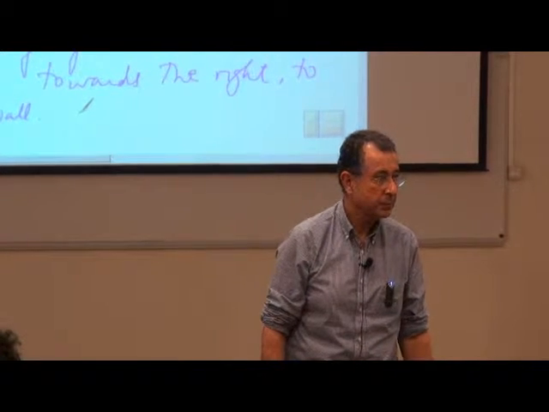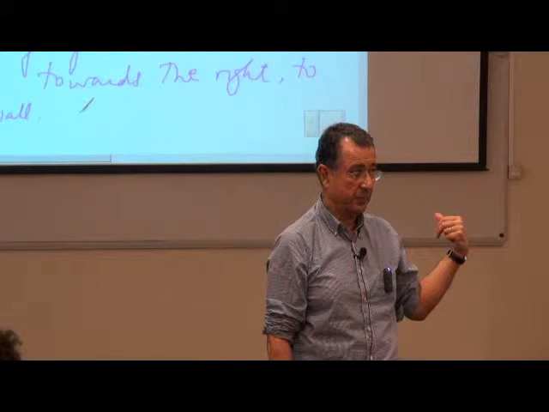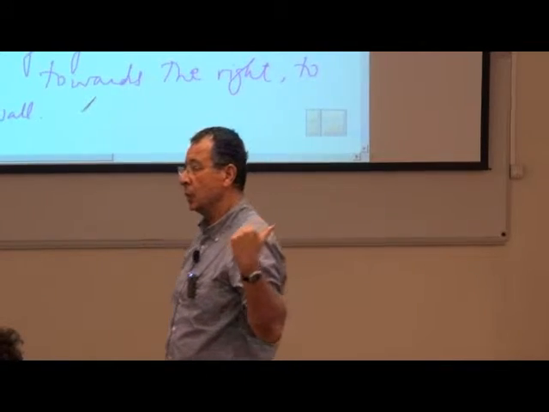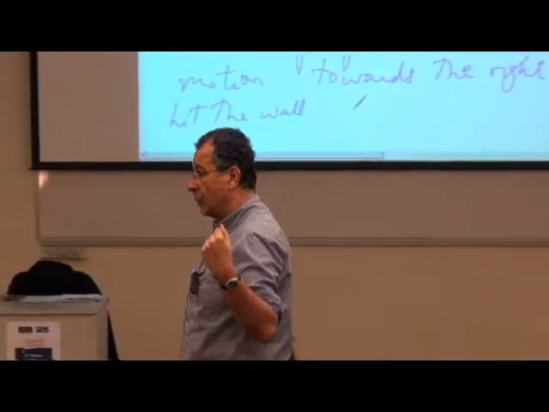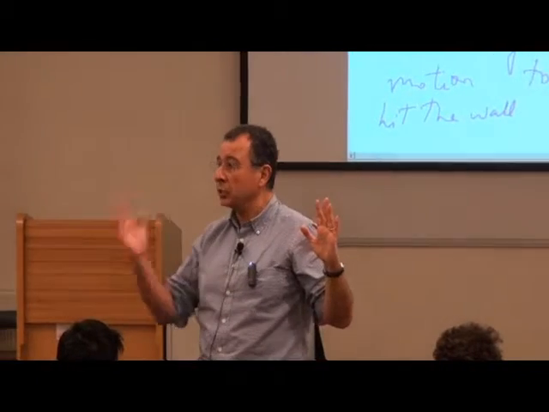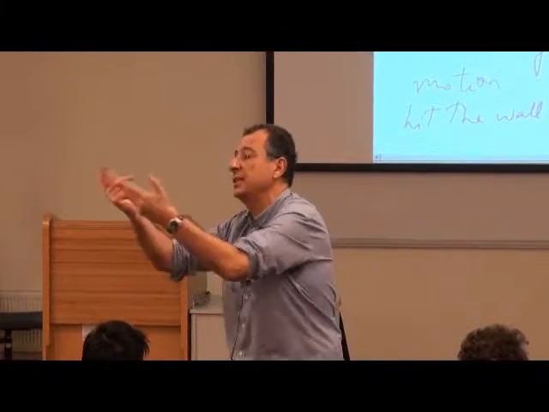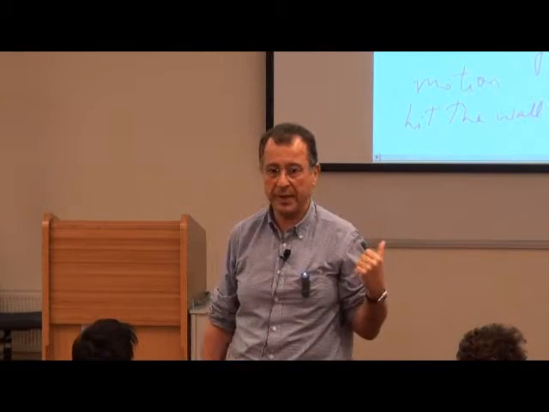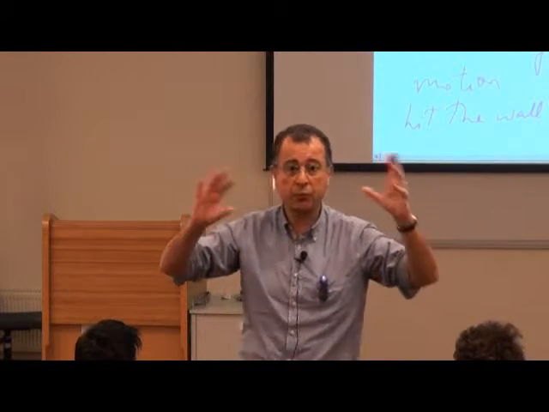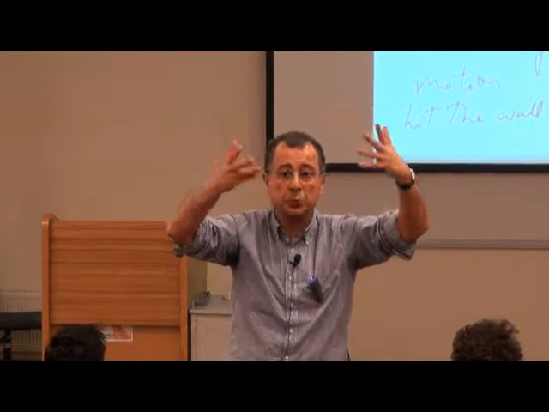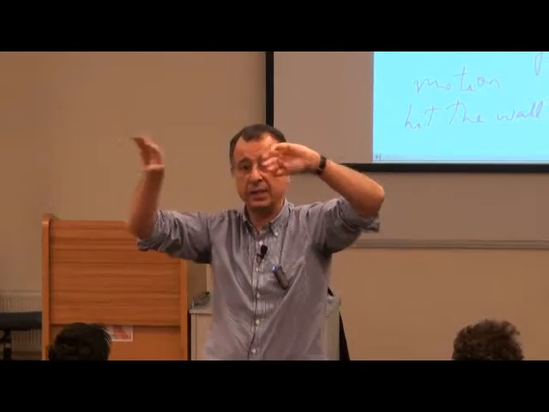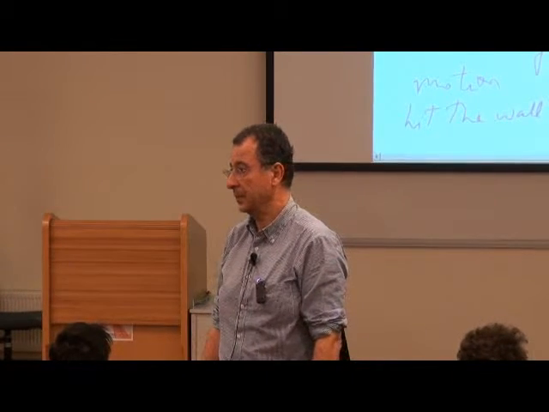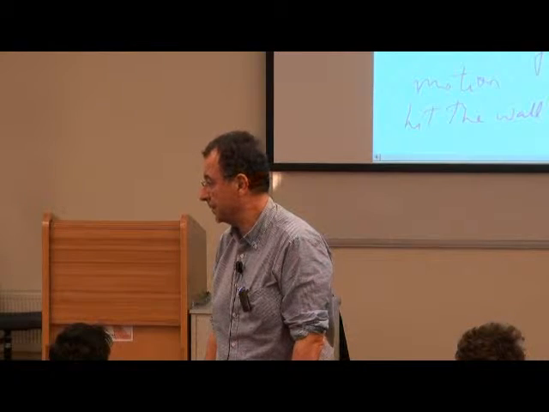Okay? Therefore, I put a 1/2. Then that gives me the number of molecules whose x component of velocity to the right happens to be vx equals, let's say, 3 meters per second. But to the right. Okay? That's why I have the 1/2. So it's 1/2 of those with x component absolute value 3 meters per second are to the right and 1/2 to the left. That's true for any velocity. Is that clear? Yes?